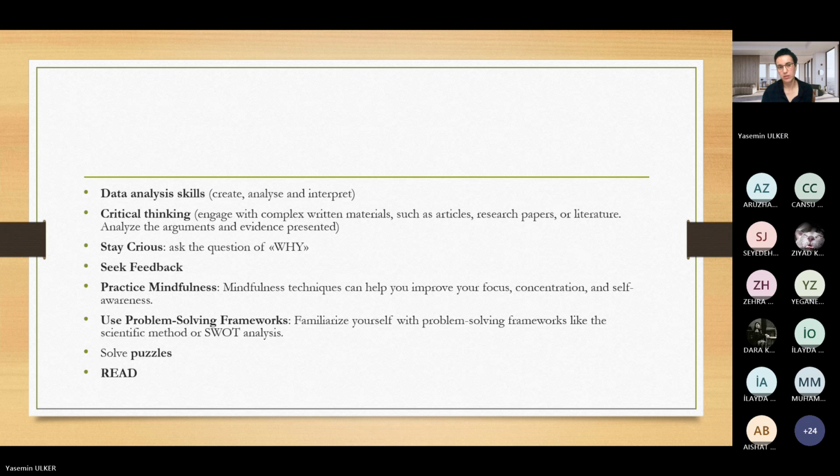Aishat. I think it means being fully present and aware of what you're doing, thinking, and feeling at the moment.